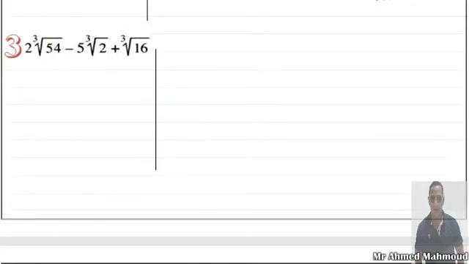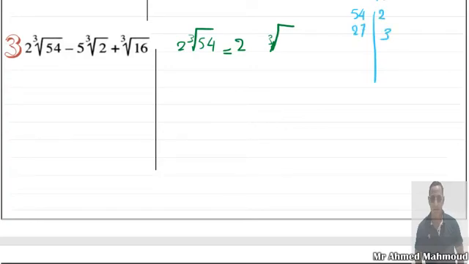2 cubic root 54. I will start with it in the draft. 2 cubic root 54. Okay, I will start with 2 outside, and we have here the cubic root like this, and I'm going to factorize 54 divided by 2 equals 27, divided by 3 is 9, divided by 3 is 3, divided by 3 is 1.